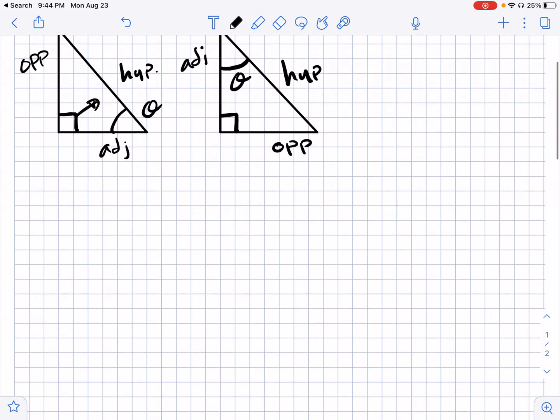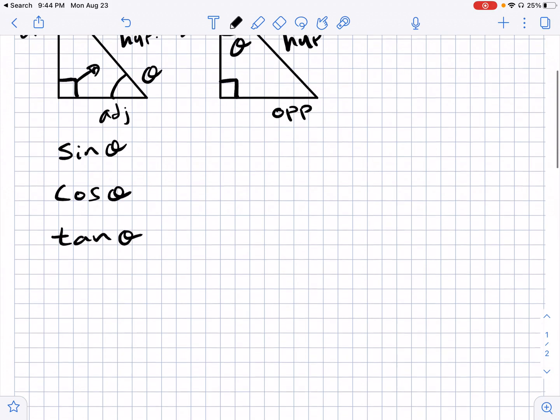The three basic trig functions that we're going to use in our class are sine theta, cosine theta, and tangent theta. So those are the three trig functions that we're going to use.